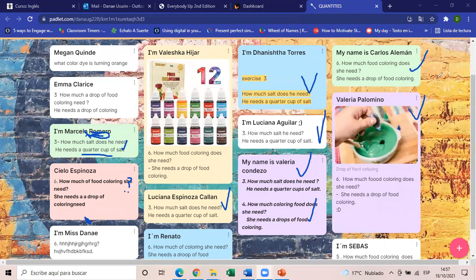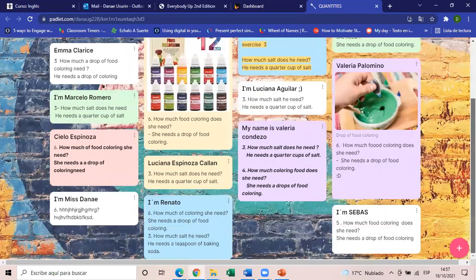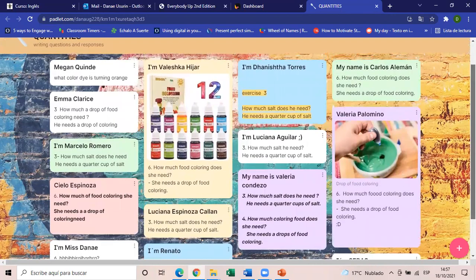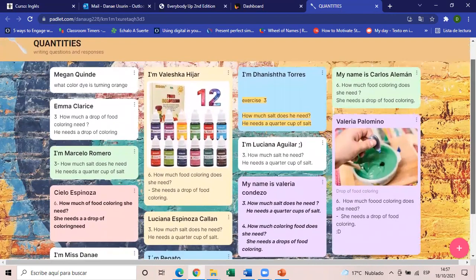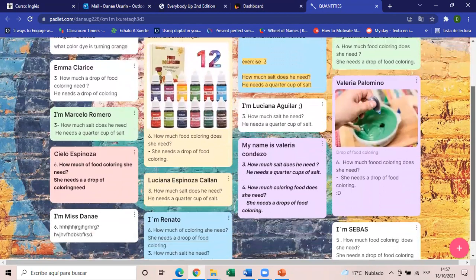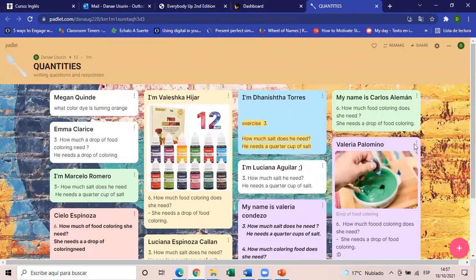So now, very good. I am going to call everyone who did the activity: Renato, Sebastián, Valeria, Rafaela, Valeria, Cielo. Remember that there are some of them that we need to correct. But great job, very good. Dani, Carlos, Clarice, Valeshka, Luciana Aguilar, well done. But remember that there are more students in 5th grade, so please remember to do this activity.